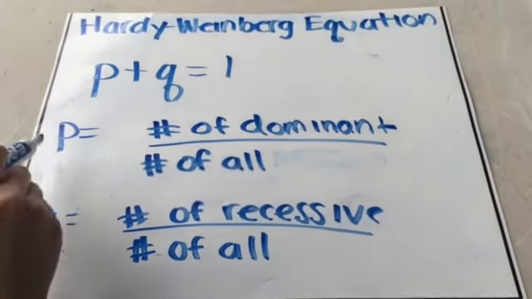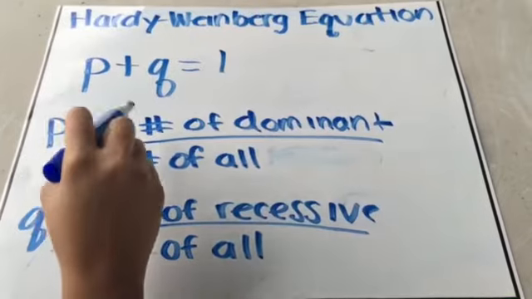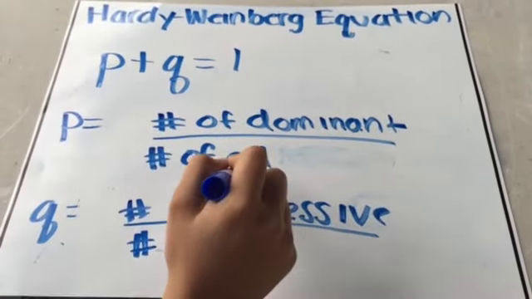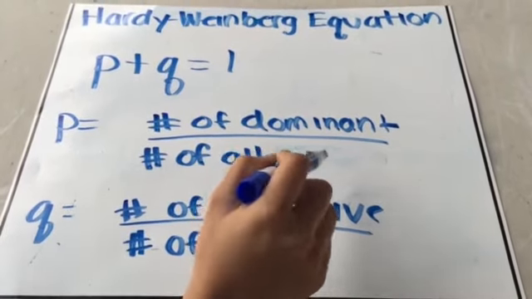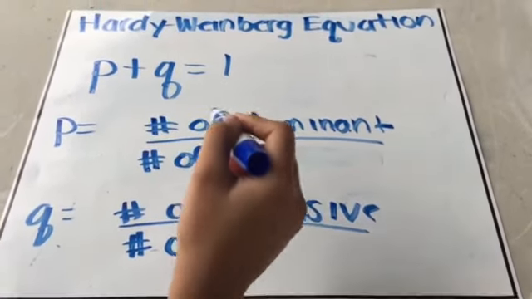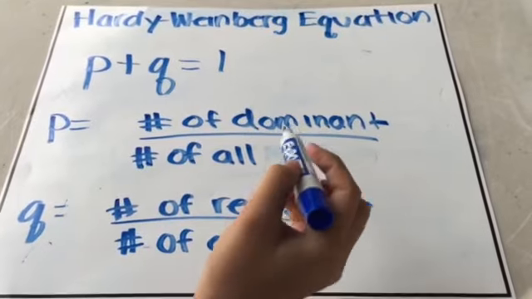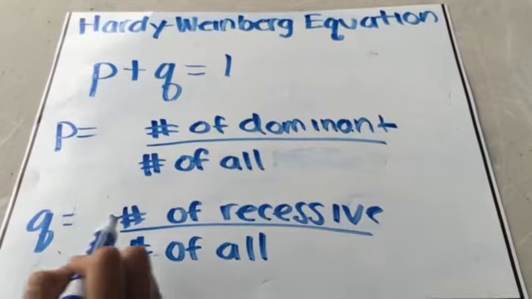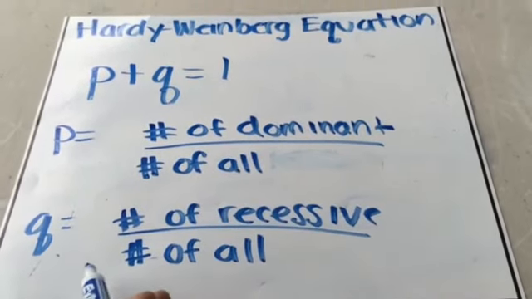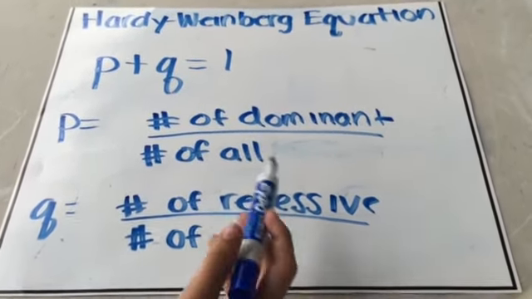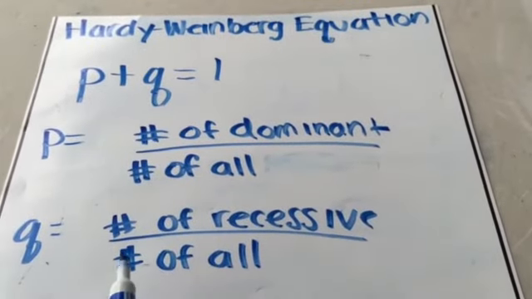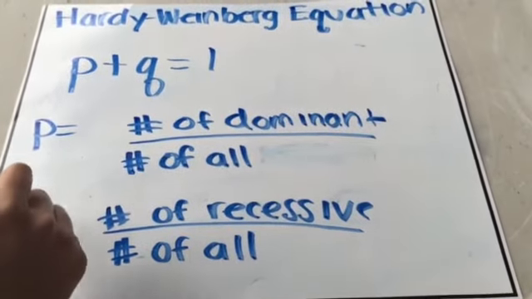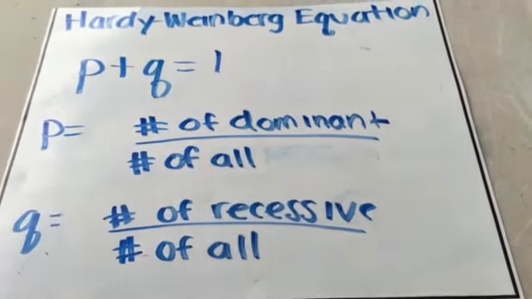In order to get P, you have to divide the number of dominant over the number of all, meaning the population which you're trying to solve for. And Q is the number of recessive over the number of all, the population, same as P. And one thing to remember is when you add both of these, it's always going to equal 1.